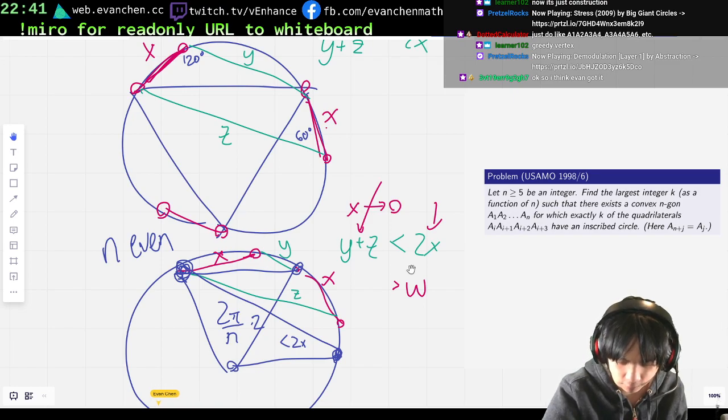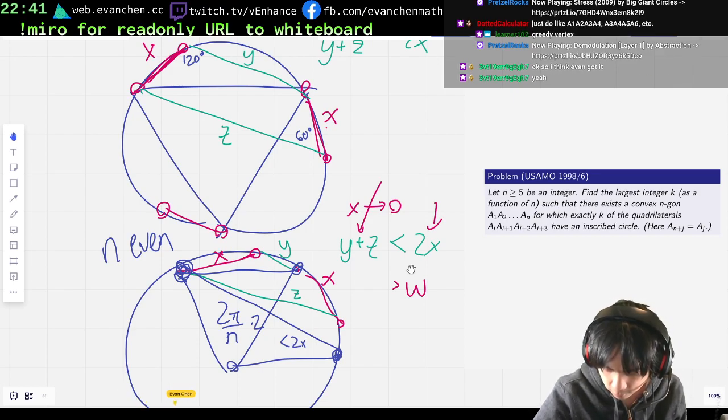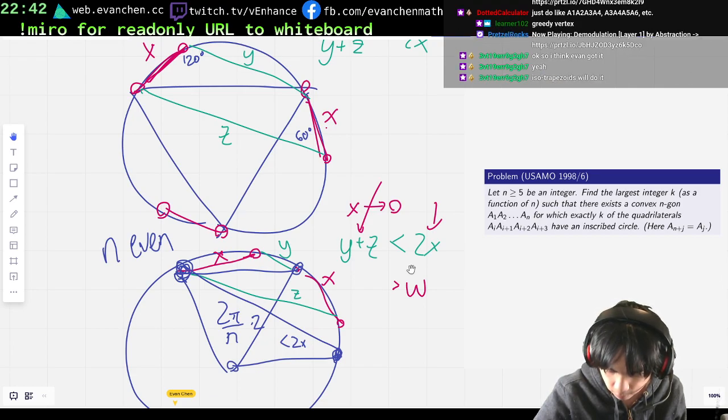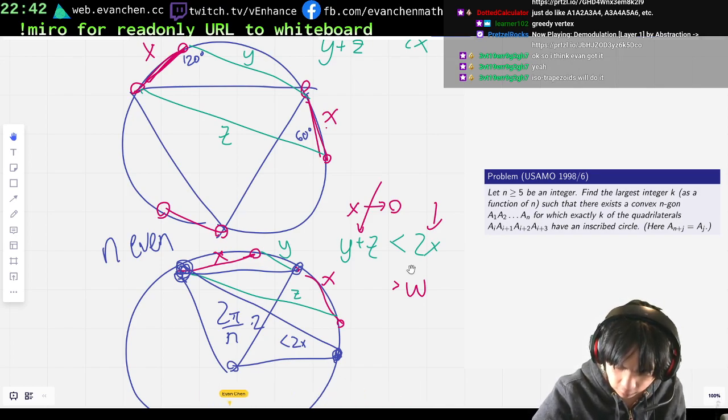Is it still going to be an isosceles trapezoid type thing? Yeah, actually something like this should work, right?